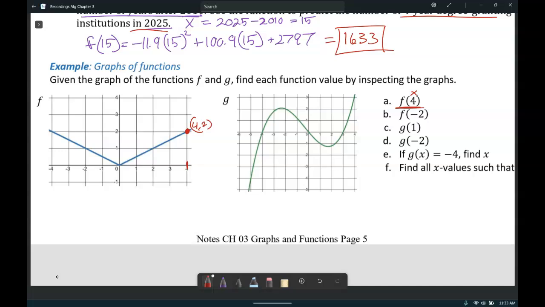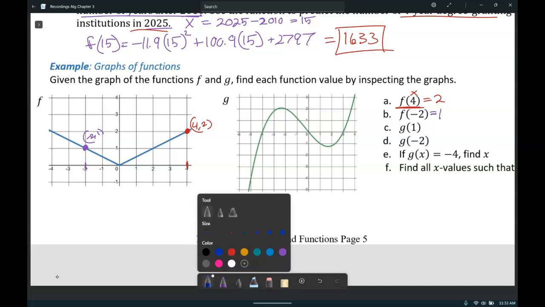Since the x value is 4 and the y value is 2, f of 4 equals 2. For f of negative 2, we find the x value negative 2 and the corresponding point, (-2, 1). If x is negative 2, our function evaluates to 1.